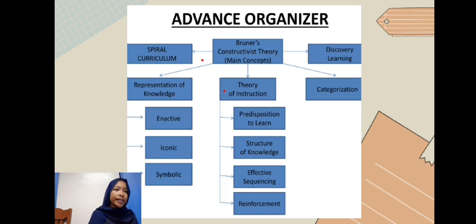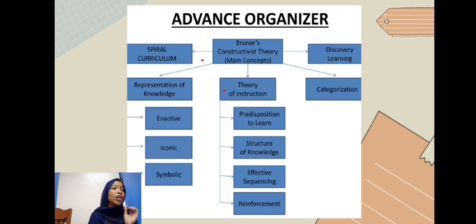As you can see, we have here the advance organizer of Bruner's constructivism theory. We have the spiral curriculum, and on the other side, the discovery learning. Under that are the representation of knowledge, the theory of instruction, and the categorization. Under the representation of knowledge, we have the enactive, the iconic, and the symbolic, and we will discuss them further later.